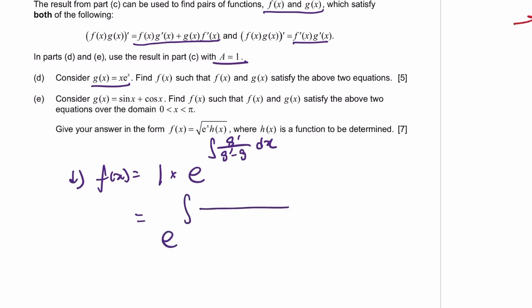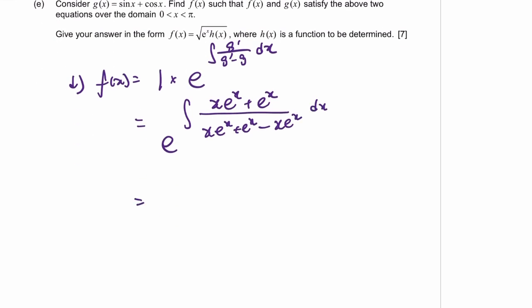So g prime will do the proper product rule. So it is copy the first, differentiate the second, plus differentiate the first, copy the second, over the same thing, because it's g prime as well, minus g.